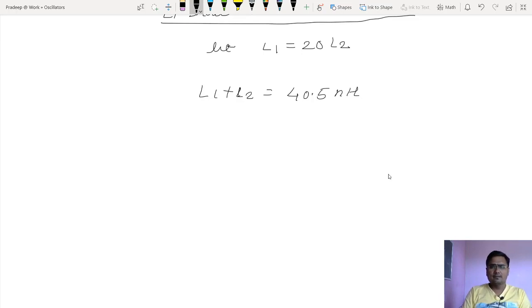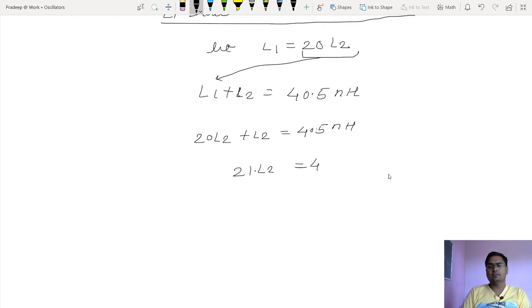Now can I put this value of L1 here? Then I will write 20 L2 plus L2 is equal to 40.5 nano henry. It means 21 L2 is equal to 40.5 nano henry.